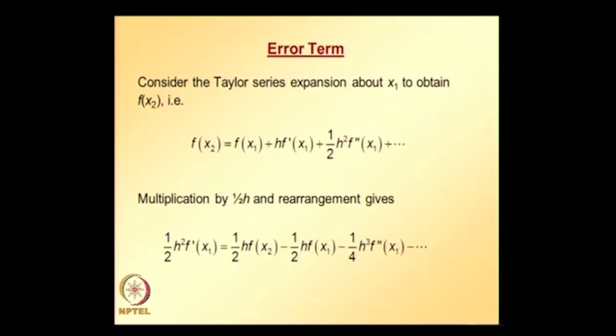And now what we are going to do is substitute this, that is half h square times the first derivative of f evaluated at x1, into the previous equation that we already looked at when deriving the error term for rectangle rule, which is reproduced here.